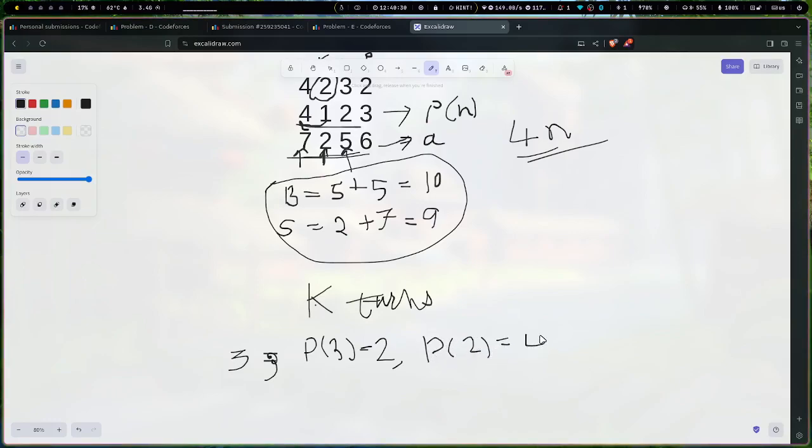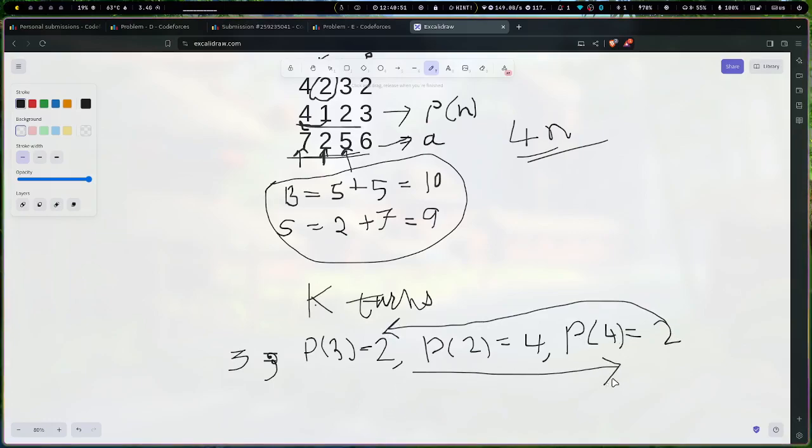P of 2 is 4. See, now she is standing at 4. Now she wants to change her position again. P of 4 is 2. So see, she goes back again to position 2. Now this will repeat. So this is the redundant part.